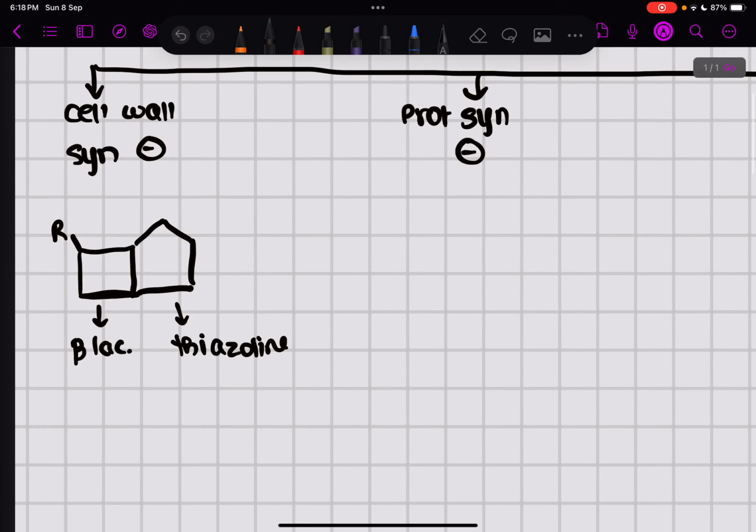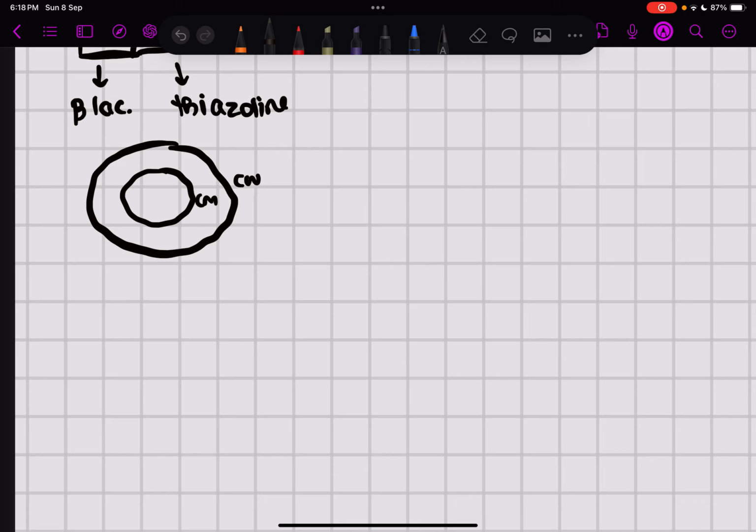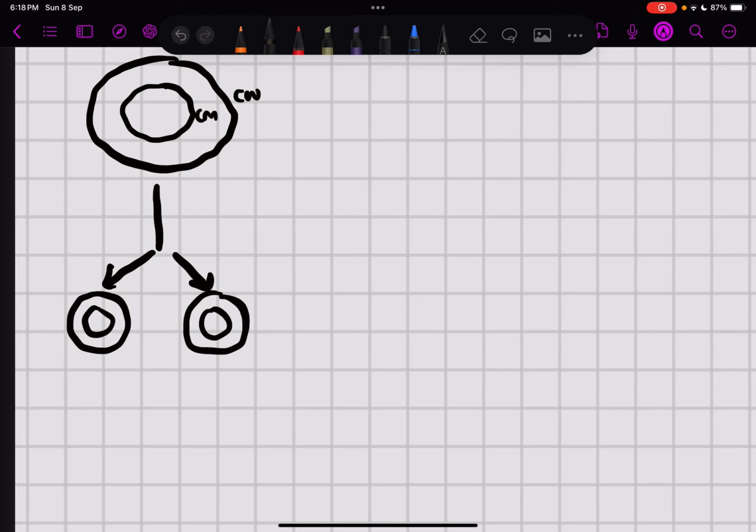So, cell wall synthesis inhibitors: this is a bacteria, and let us imagine it has a cell membrane and a cell wall. Now, while it is replicating into two, it again generates a cell membrane and a cell wall.